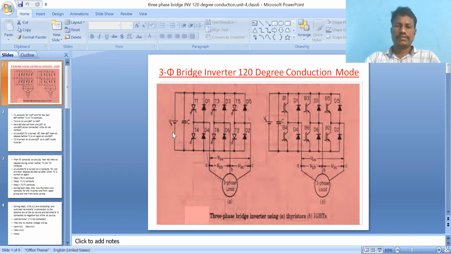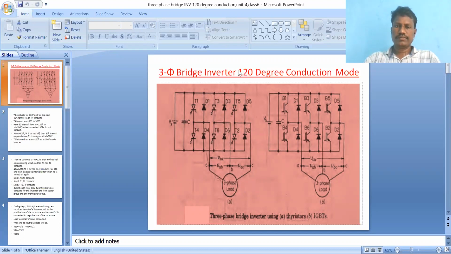Here VDC, a capacitor is connected across the supply to maintain a constant DC voltage source, and the load is a star connected balanced load. There are 3 terminals A, B, C. It is a 3-phase star type load.